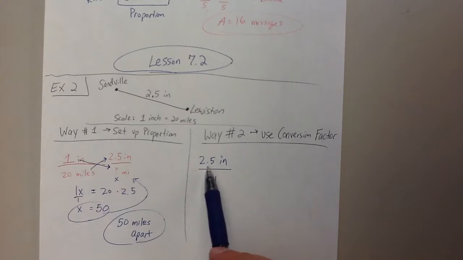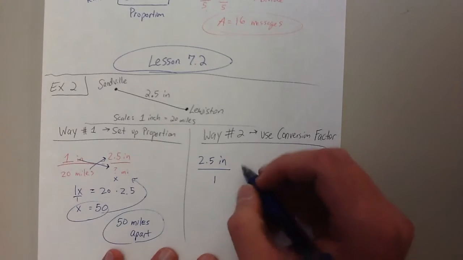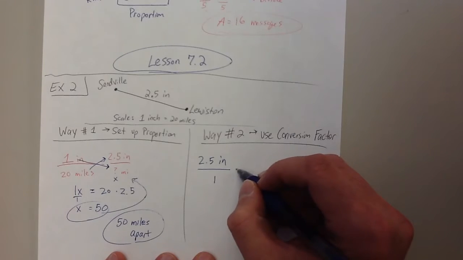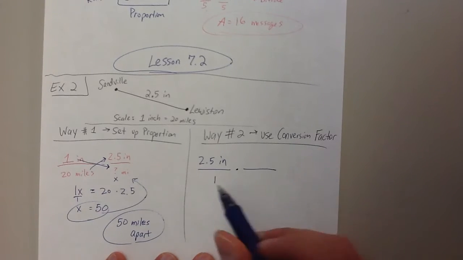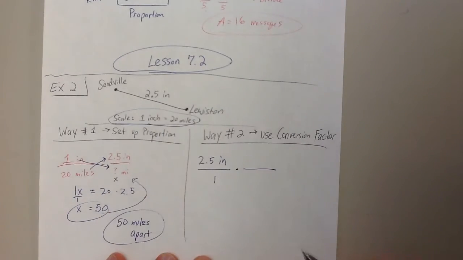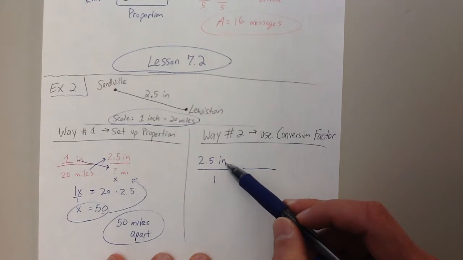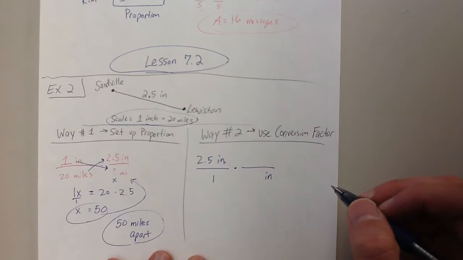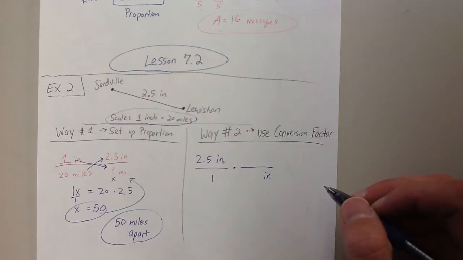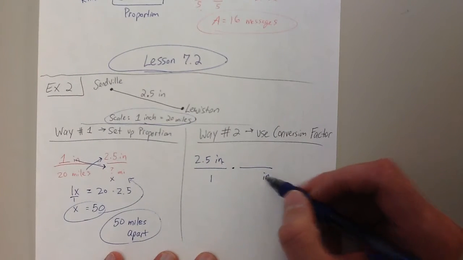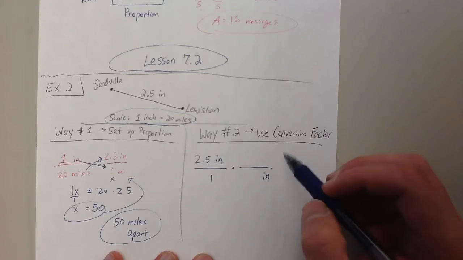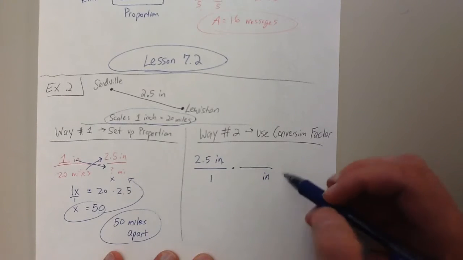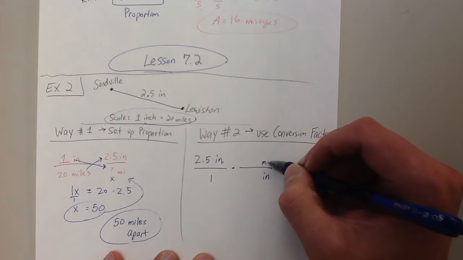So I can say 2.5 inches over 1 times, and here's my conversion factor. I'm going to use the scale. Since inches are on top, I'm going to put inches on bottom so that they will cancel. Inches divided by inches would simplify to 1, and I want them to be gone because I want the distance to be in miles. So inches on bottom and miles on top.